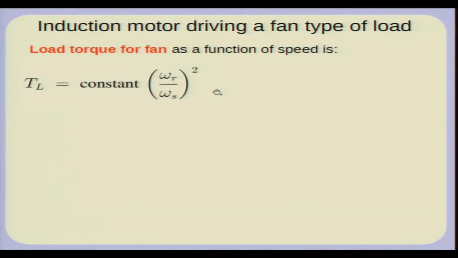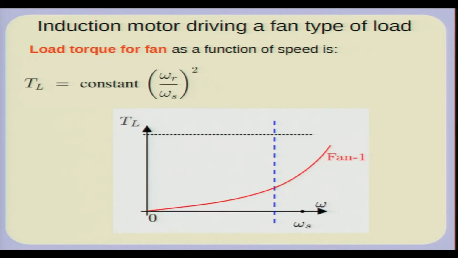So, TL is equal to omega r squared divided by omega s, where omega s just normalizes it with the supply frequency, but essentially it is a function of the actual speed of the fan. So, omega s is the nominal speed. What we have here is a quadratic characteristic.